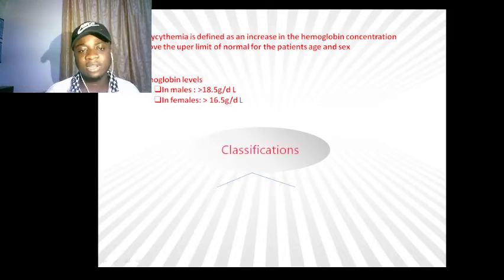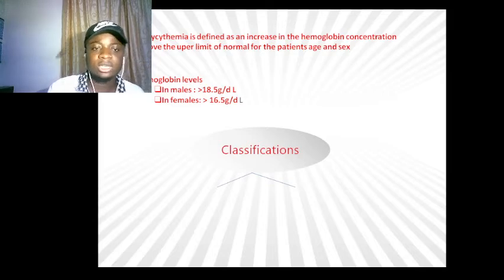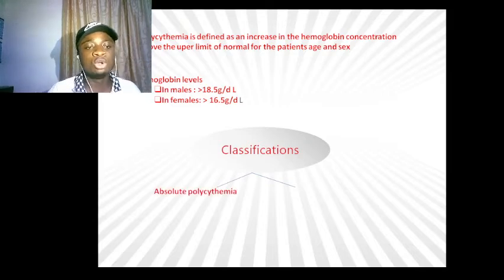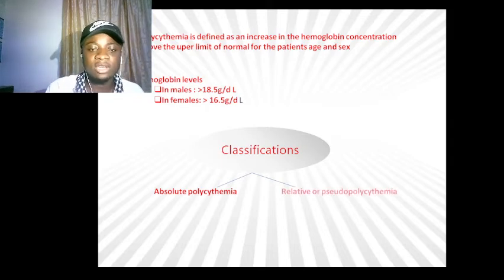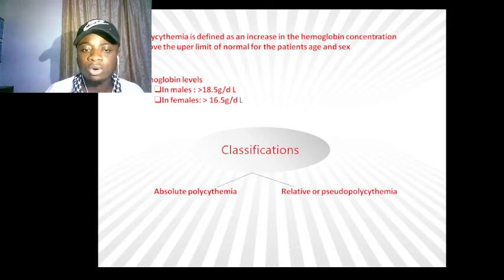Now we can classify polycythemia into two categories. Very important. We can have the absolute polycythemia, and we can also have the relative or pseudo polycythemia.